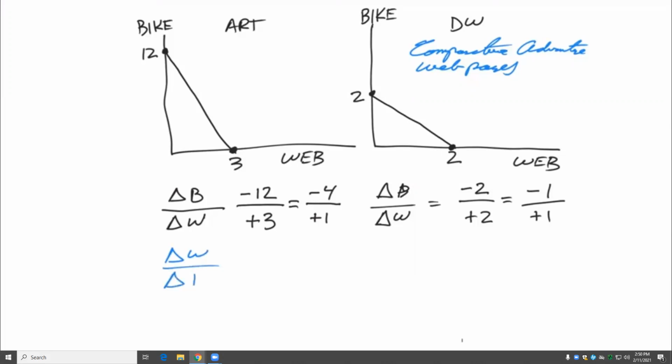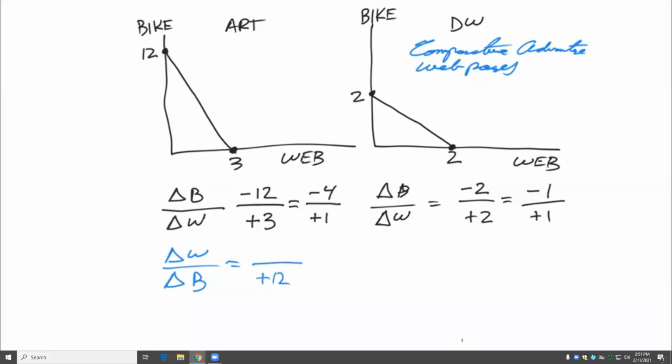So let's do it for Arthur first. If we're producing 3 web pages and 0 bike repair, and we decide to go from 0 up to 12 bike repair, so we're going to increase bike repair by 12.